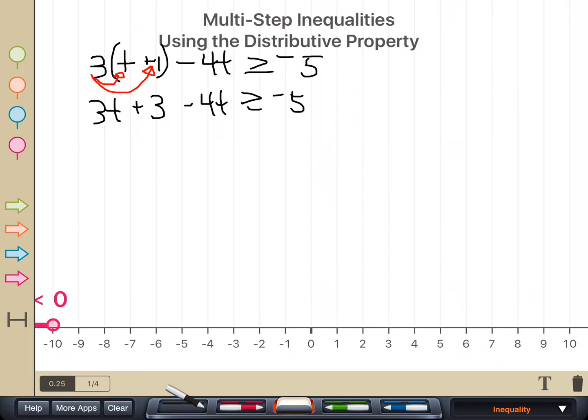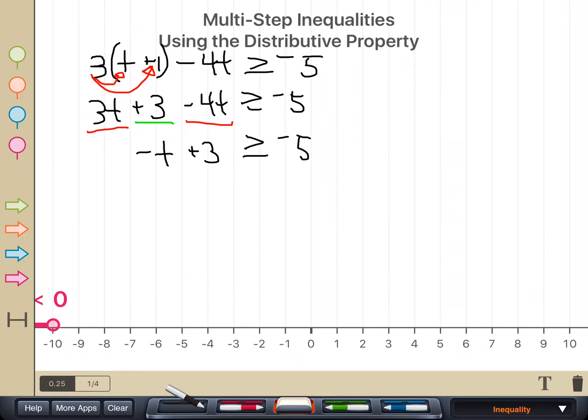Now, before I can go further, I really need to gather my like terms. So I have 3t here, and I'm going to subtract 4t. So when I put all that together, I end up with -t, but I still have my positive 3 that I need to include, and my inequality sign is the same as is the right side.